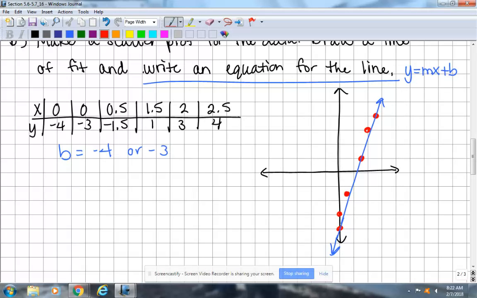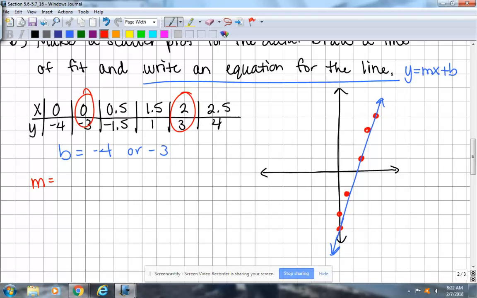So I might pick this one and this one. Okay? So pick 2 ordered pairs, not close to each other. And then you're going to get your slope. So pick any 2 points that are not an outlier and not beside each other and get your slope.